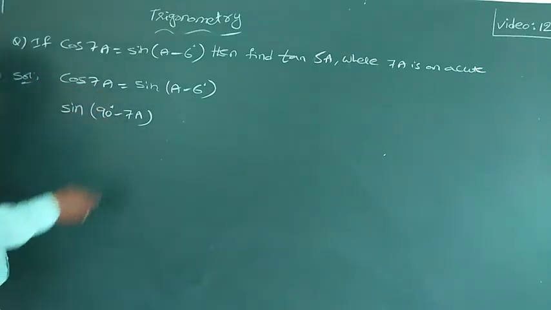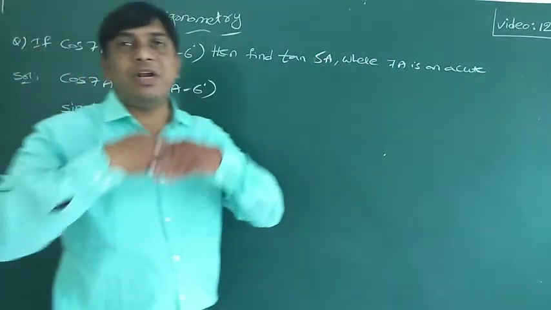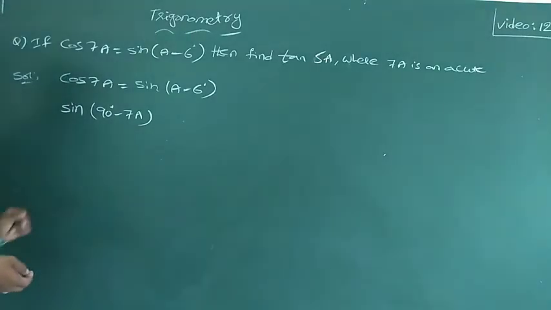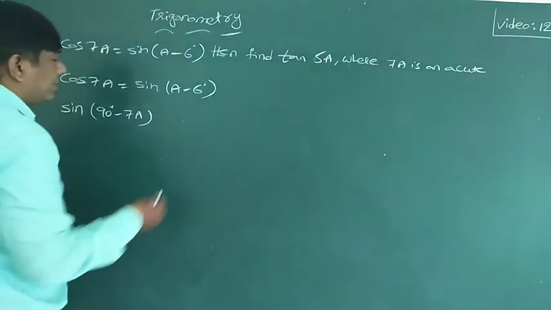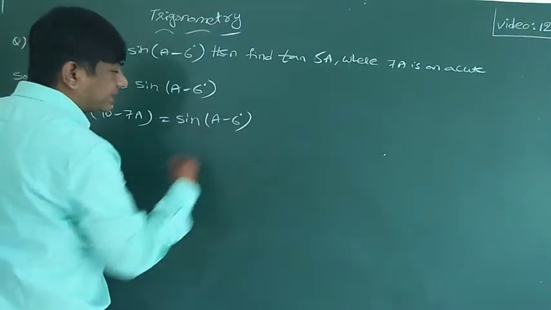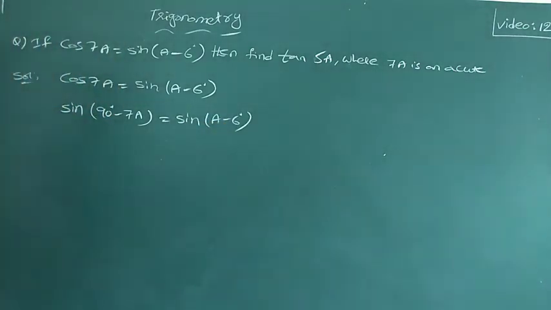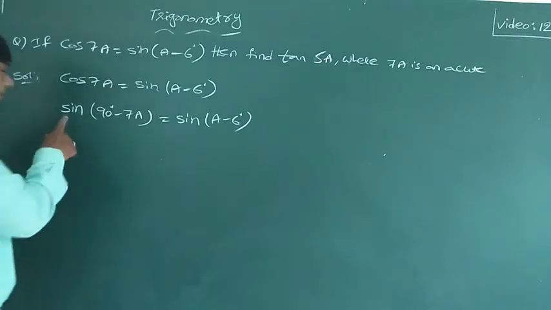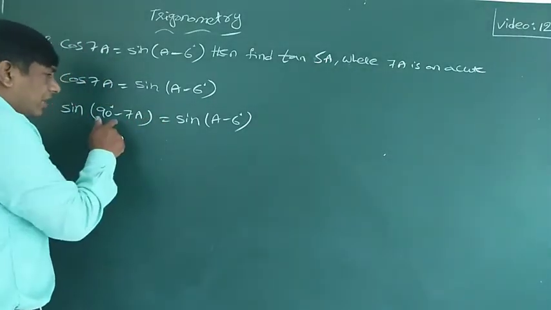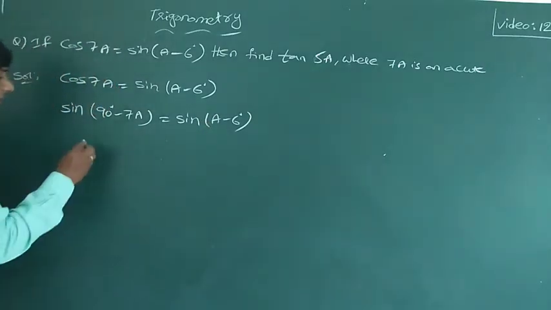So 7A you are subtracting. When you subtract the given angle from 90, then change the function. Trigonometric function sin (90 minus 7A) is equal to sin of (A minus 6 degrees). Now functions are same, T ratio is same, equal to is there, so obviously angles also equal.